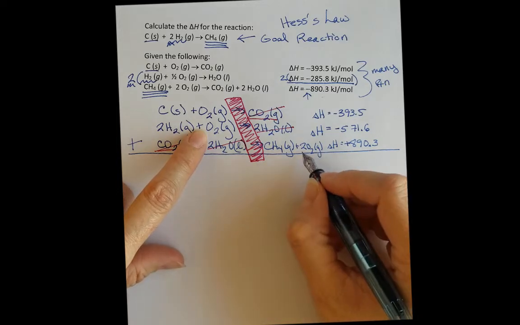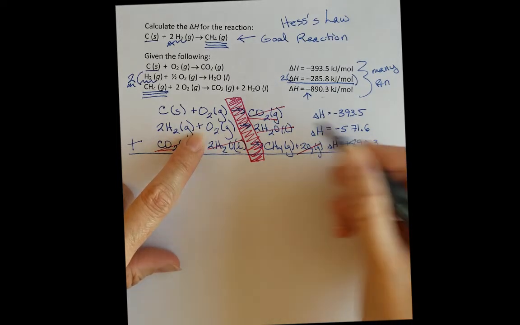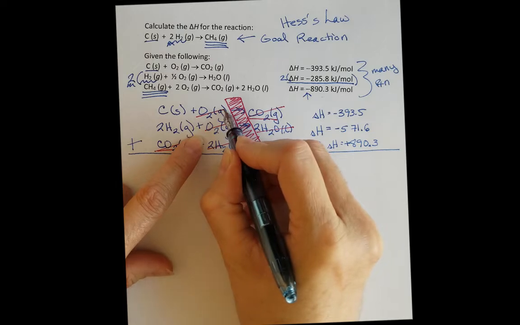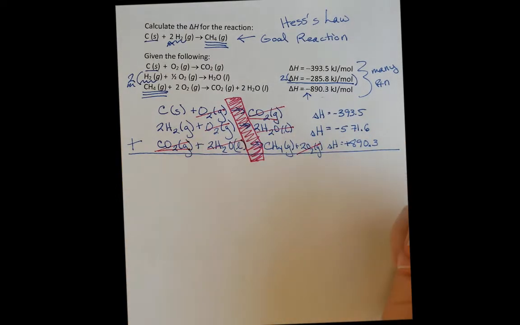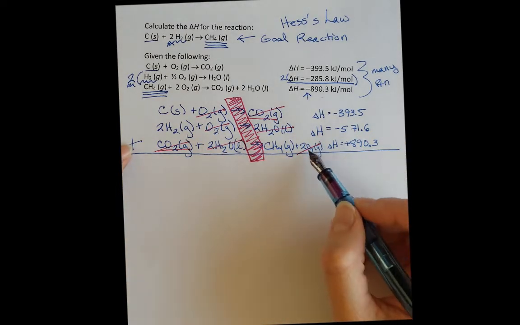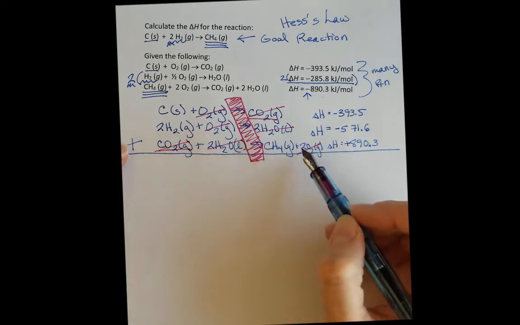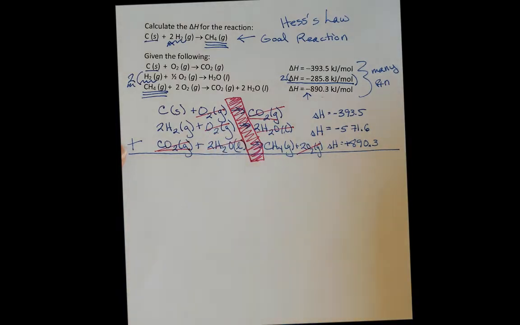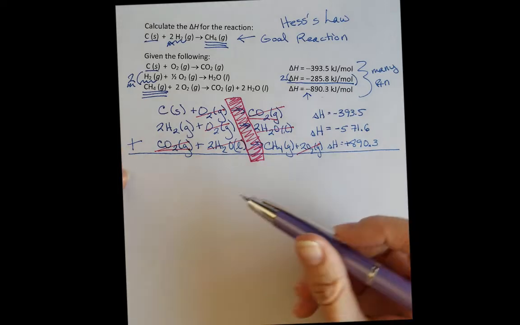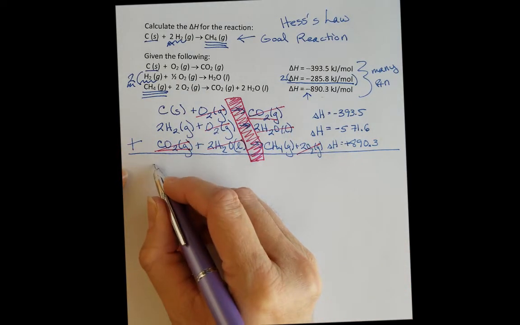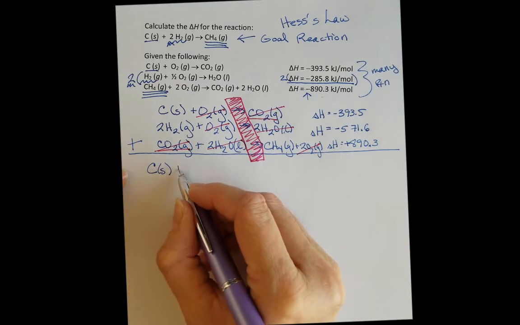And I've got 2 oxygens here, and I have 1 here and 1 here. So we could have canceled those out individually, but since I've got 2 oxygens here and 2 oxygens there, those also cancel. As far as all of this is concerned, I'm just going to keep whatever's left over.